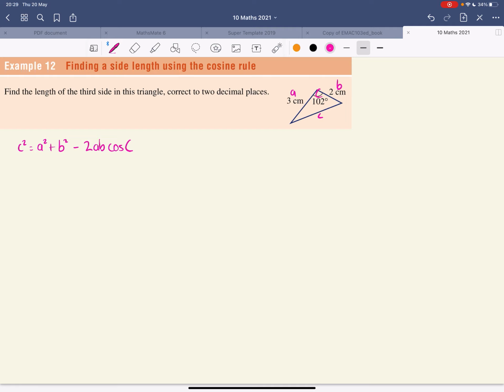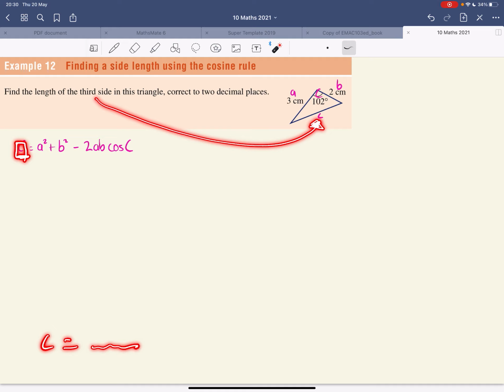So, find the length of the third side. Fairly straightforward. We are just asked to find the third side, and we've just written it down. In our formula, we are going to be finding this element here. This is ultimately what we want to be the subject of the formula, so that at the end we've found what C is, some number.